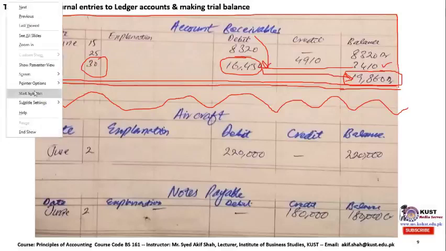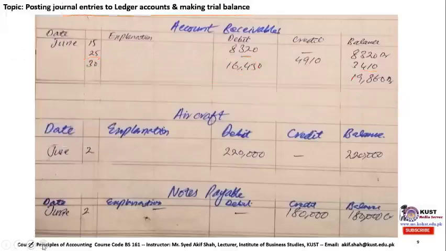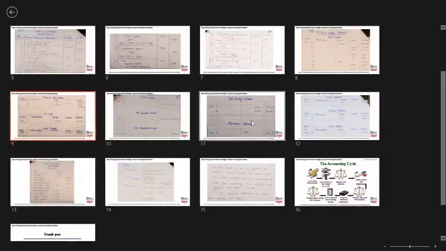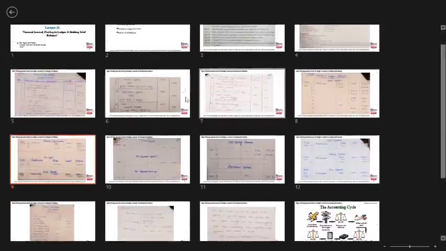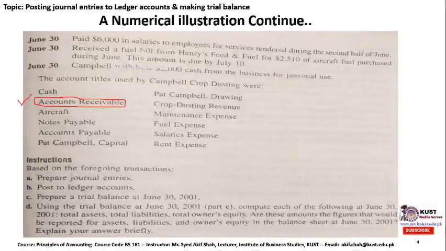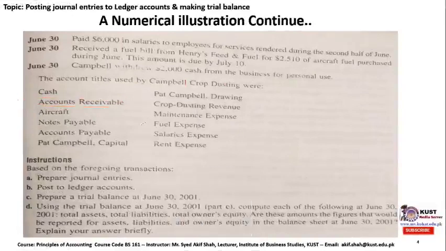So let's go back to the chart of accounts and find out what's the next account for which we have to make a ledger account. So the next title is to make a ledger account for aircraft.